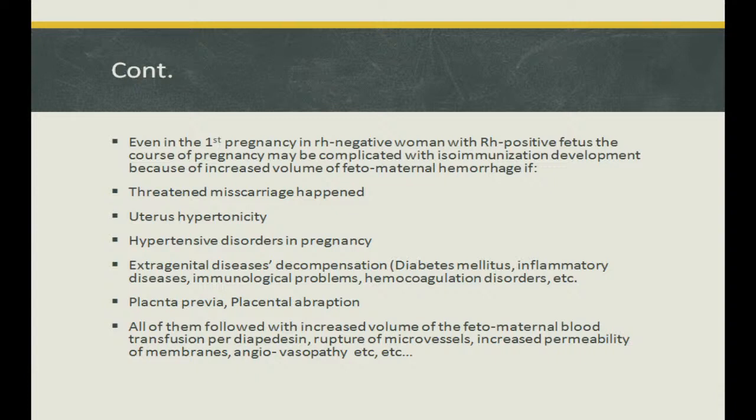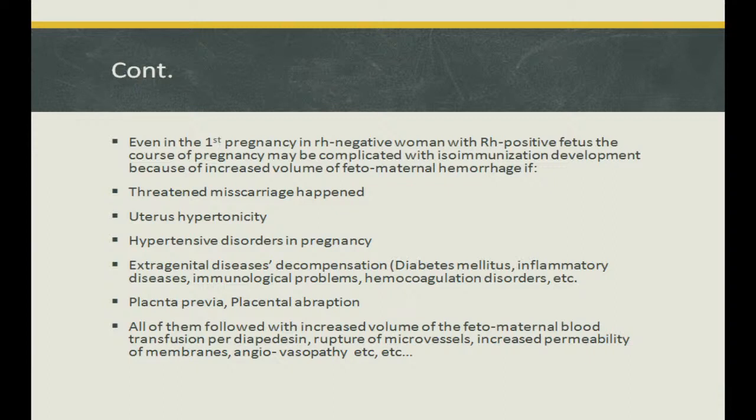And if it happens throughout the pregnancy, the long duration of this situation means enough time for development of agglutination and sensitization of the fetus throughout the first pregnancy. Thus, it is a rule: the first pregnancy is not an object of isoimmunization, but only when there are no specific obstetrical complications which are followed by increased amounts of blood which may enter maternal circulation.